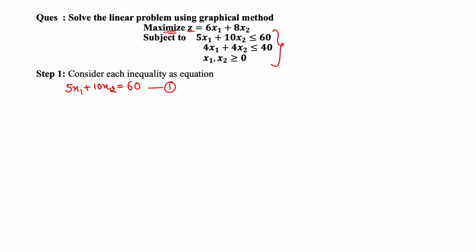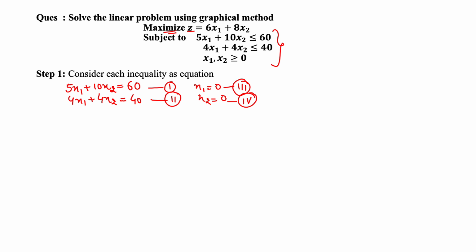The second equation is 4x1 plus 4x2 equals 40. The next two equations are x1 equals 0 and x2 equals 0. So I have 4 lines which we have to draw on the graph.